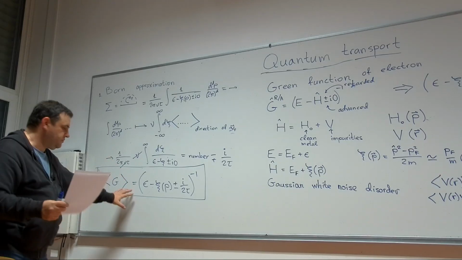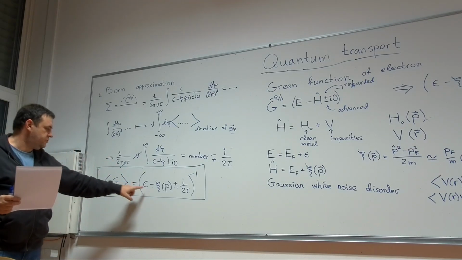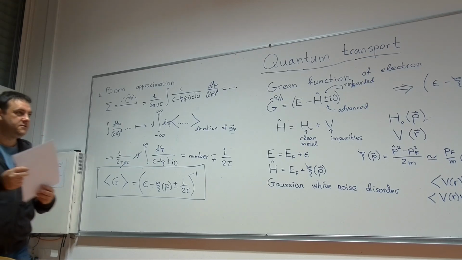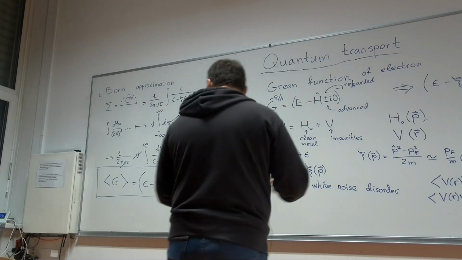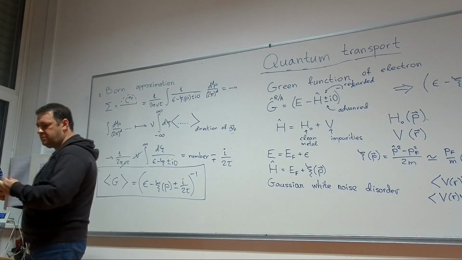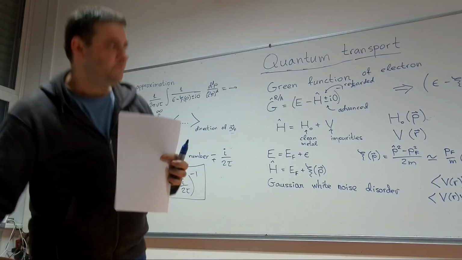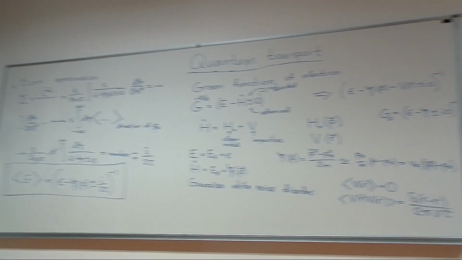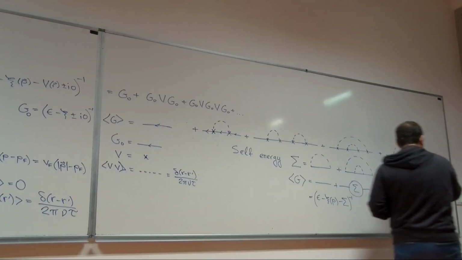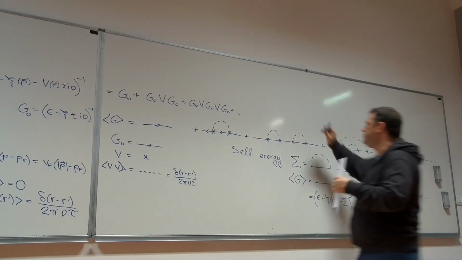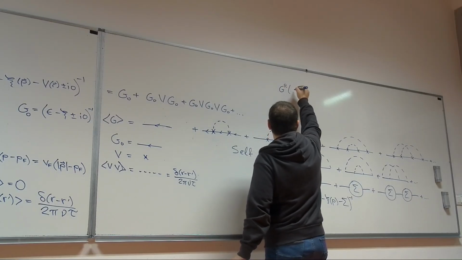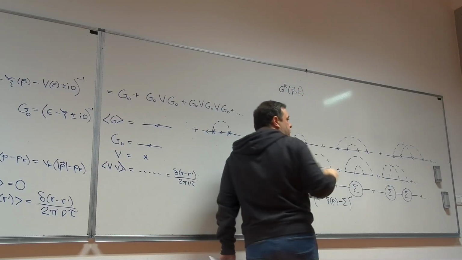So this is our average Green function. It depends on energy and momentum. Now we will do a standard exercise, which is called Fourier transform. How does the Green function look, just for definiteness the retarded Green function, as a function of momentum and time instead of epsilon?